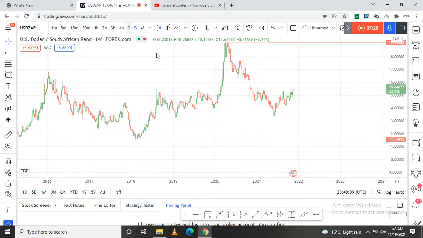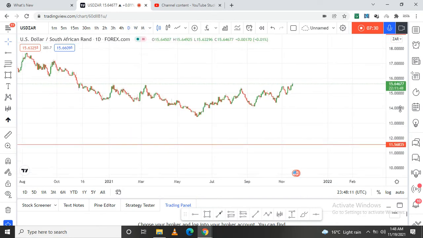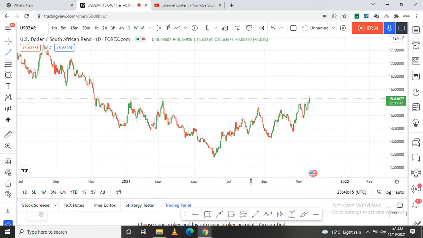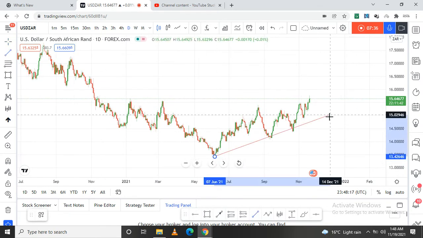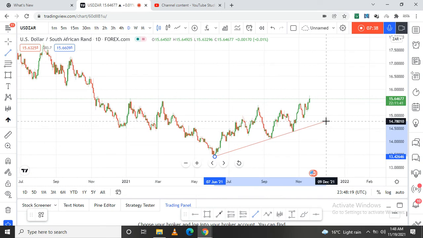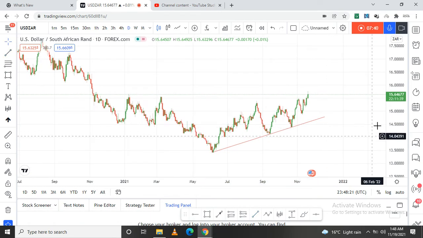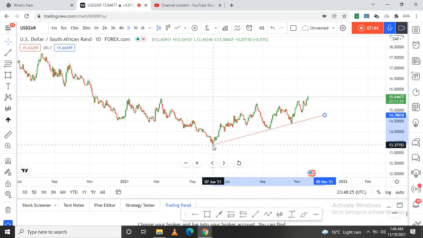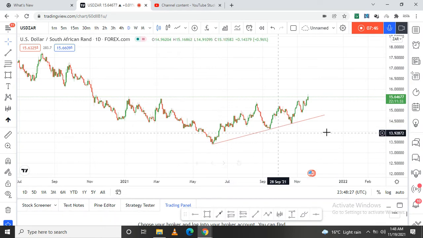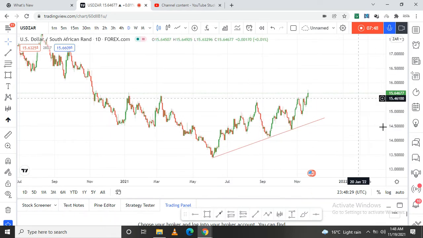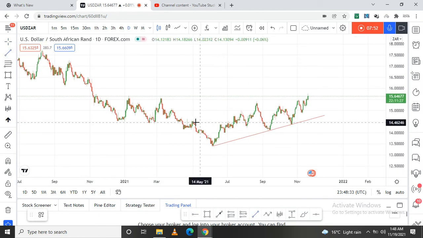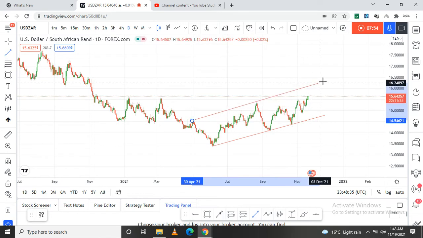So if I go to the daily chart, and then if I start to cater for this correction, I know that this bullish trend is just a correction of the weekly chart. The overall trend is still bearish.